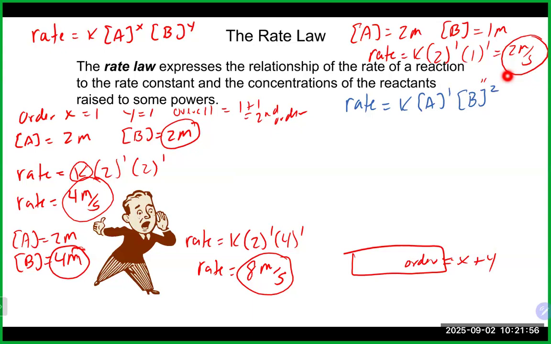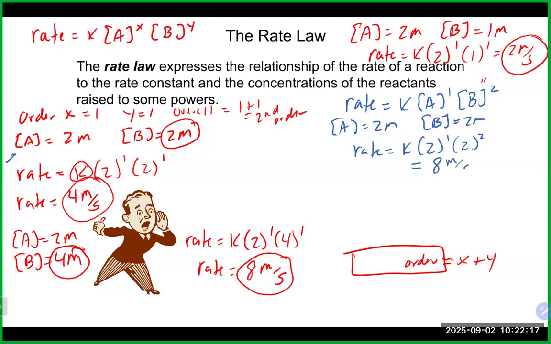There's now second order in B. So if I do my normal starting guys like I did over here, where A is 2 molar and B is 2 molar, putting that in there, the rate is equal to k·2^1·2^2. I now got me 8 molar per second, right?